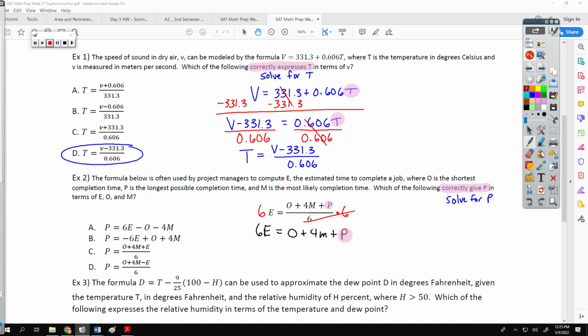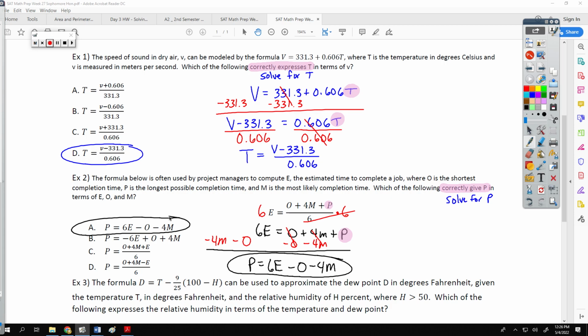So to get P by itself, we need to move the O to the other side, and we need to move the 4M to the other side. Neither one of those would combine with anything on the other side of the equation, so they would simply move to the other side where they would become negative, which means P equals 6E minus O minus 4M, which is choice A.